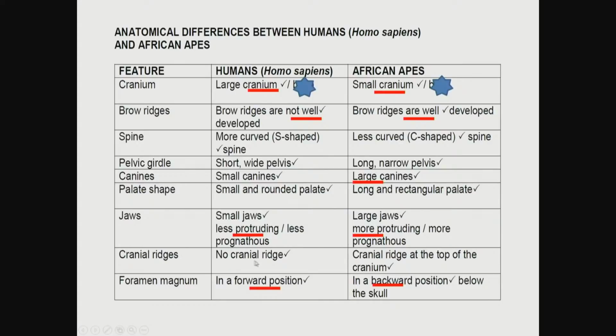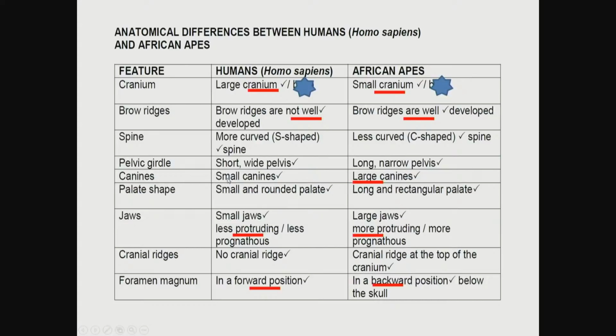Cranium ridges, no cranium ridges at the top of the cranium. Foramen magnum in a forward position and in a backwards position below the skull. That one must be there, below the skull, so that you can indicate that you know that the foramen magnum is below the skull and in a more forward position and in a more backwards position.